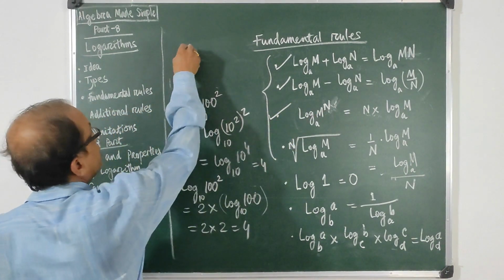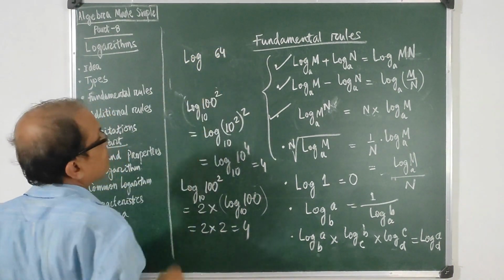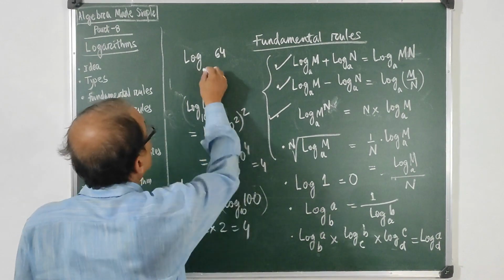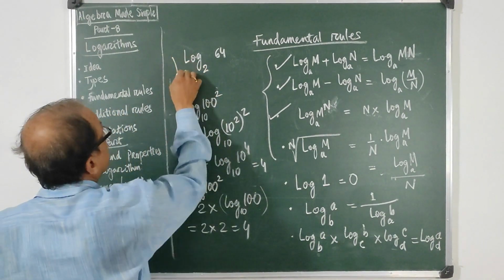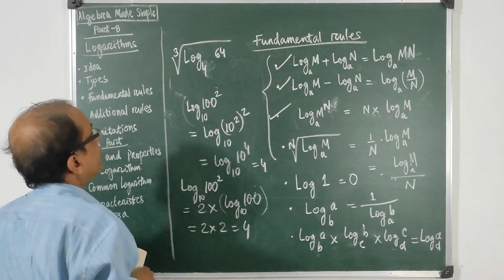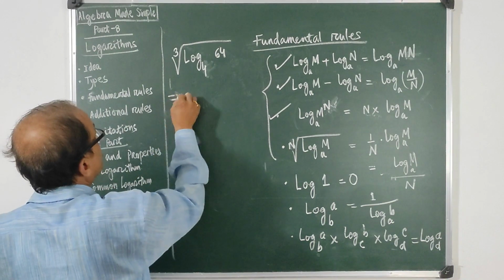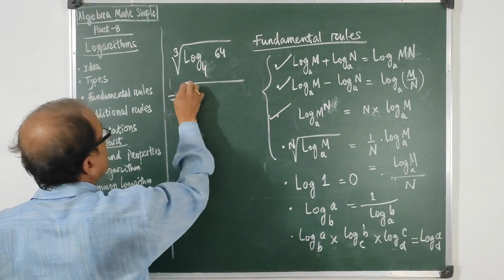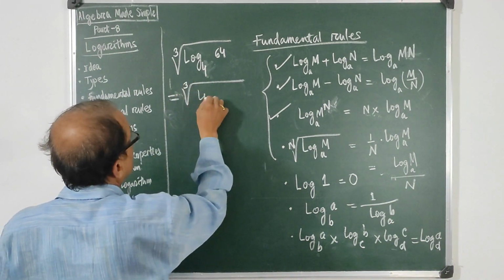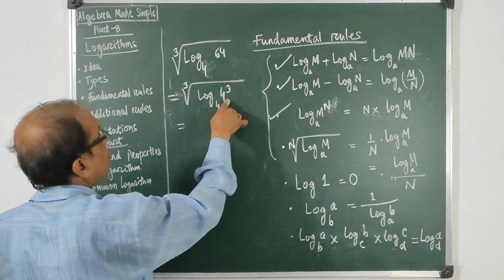Next, go for the next one. Log 64 to the base 2, take the third root, to the base 4, take the third root. So this much is the cube root or third root of log 4 cube to the base 4, because 4 cube is 64.